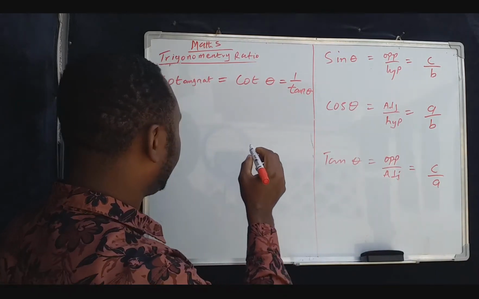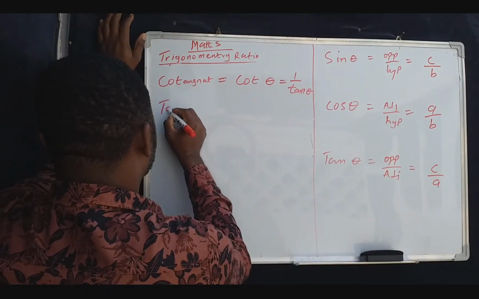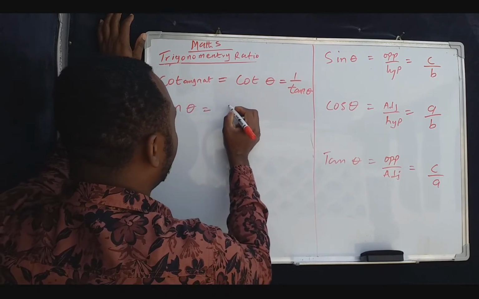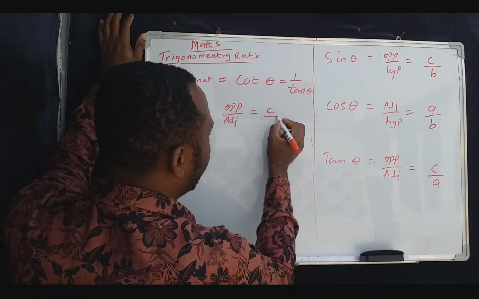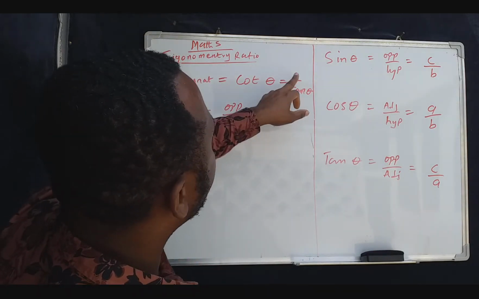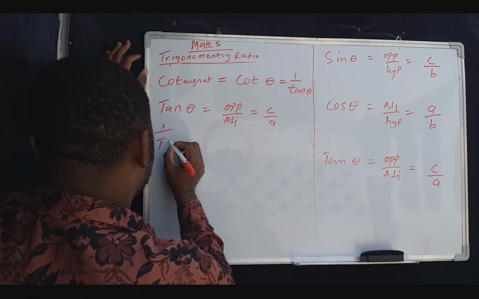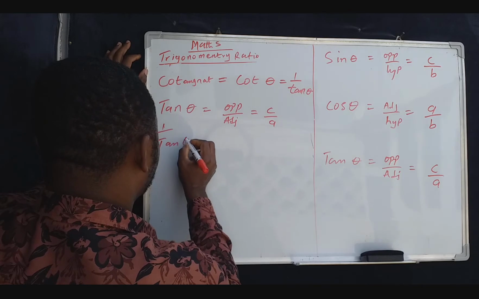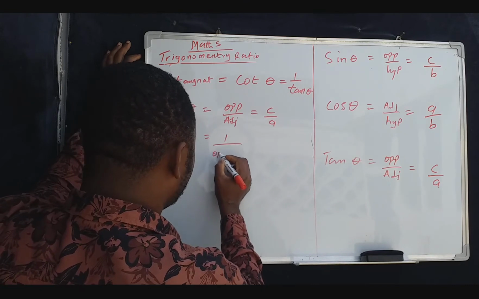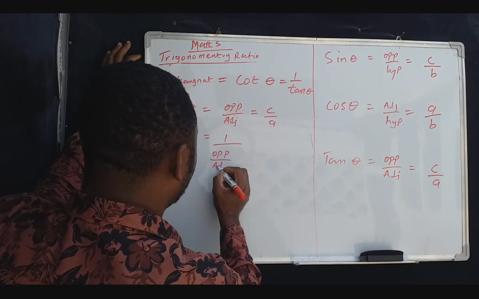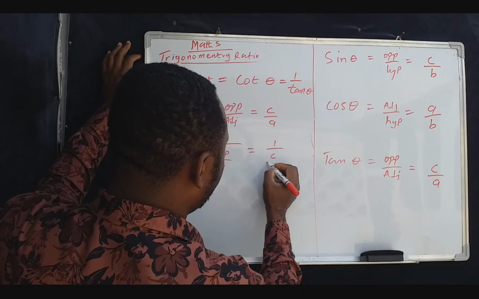Tan theta is opposite over adjacent, which is C over A. Now 1 over tan theta is equal to 1 over opposite over adjacent, which is equal to 1 over C over A.